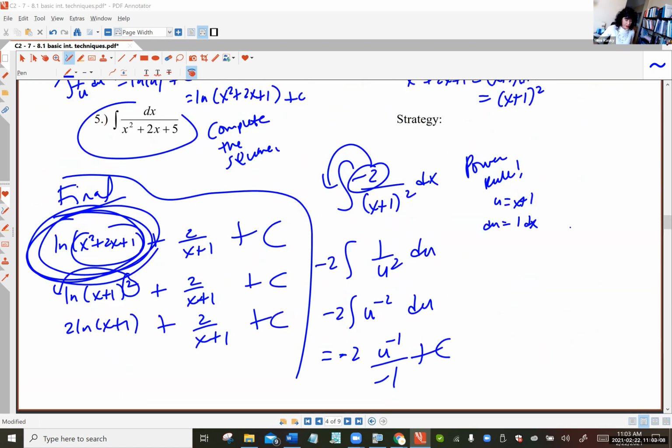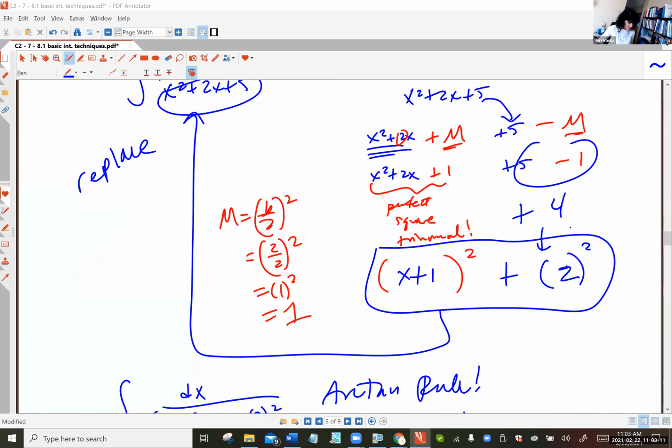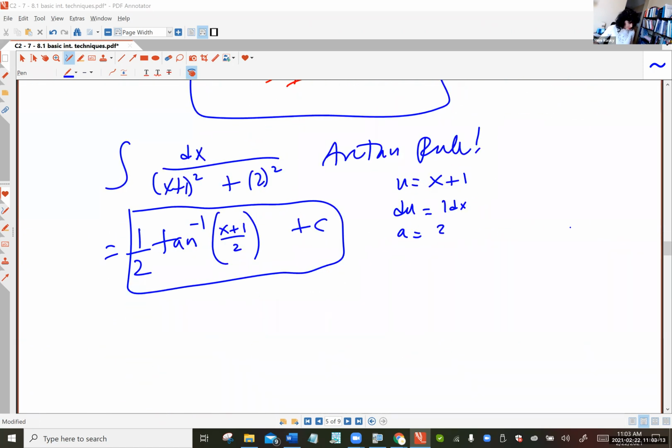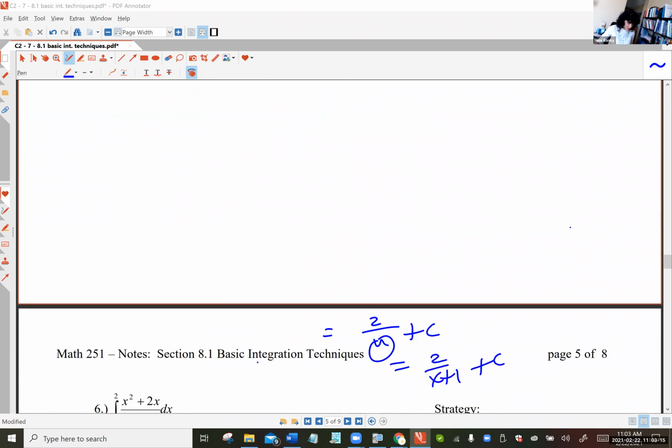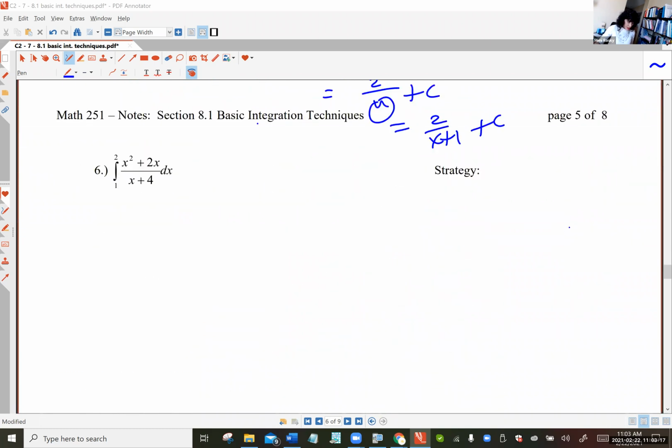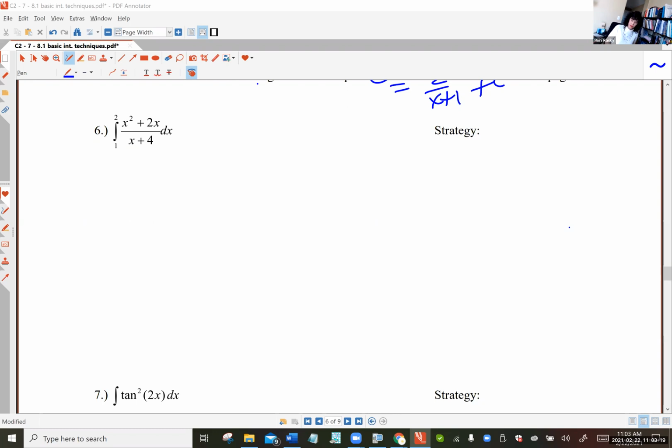Okay, so the strategy was complete the square. Okay, number 6. What do you think? This is a polynomial divided by a polynomial, which means it's a rational function for an integrand.